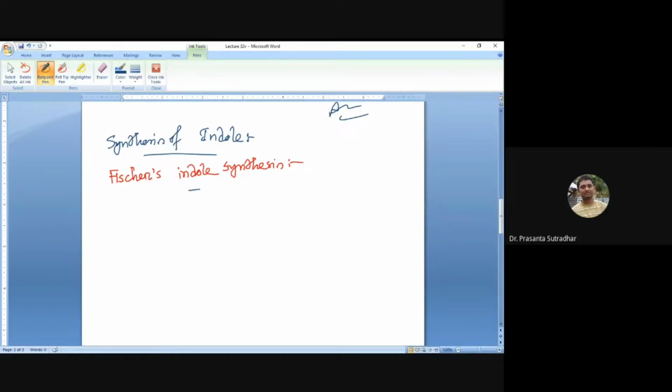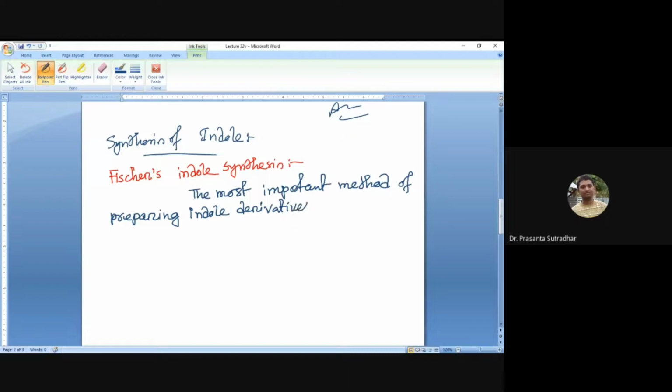This is the most important method of preparing indole derivatives.